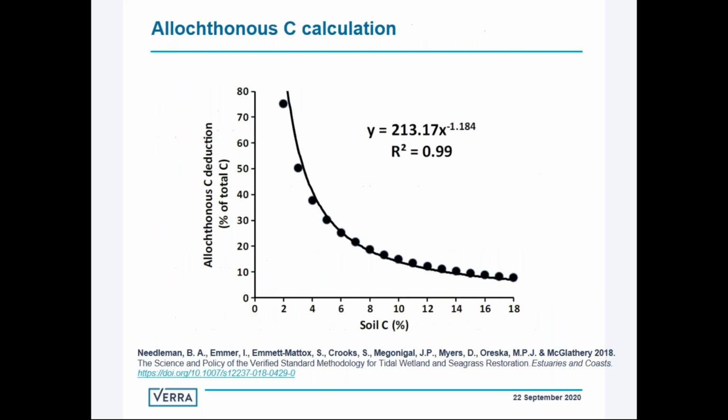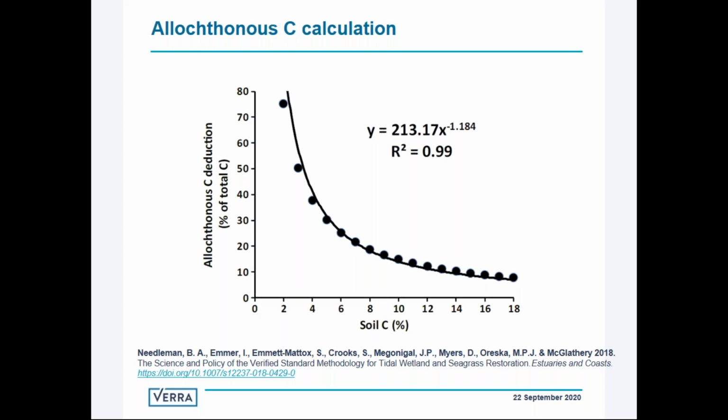Next slide, please. But what we do provide is a simplified way of estimating allochthonous carbon that is suitable for the calculations within the module. And this is provided, and a number of these discussions that we've had today are provided in this Needelman et al. paper, which was published a couple of years ago. And so from here, based upon calculating the soil carbon percentage within your sediments on your project, you can then calculate from this relationship the allochthonous carbon deduction to subtract from your carbon stock.